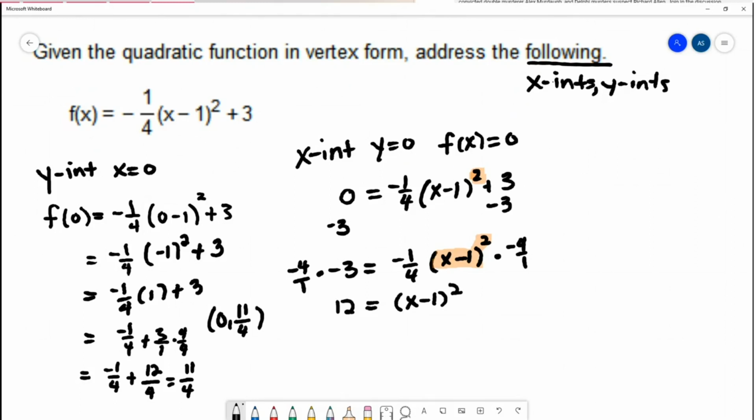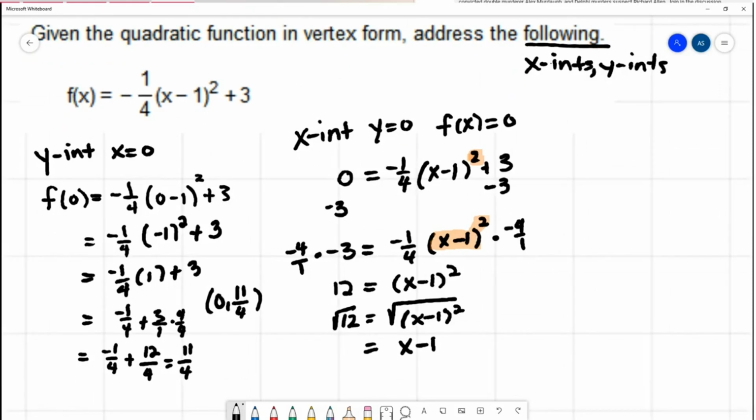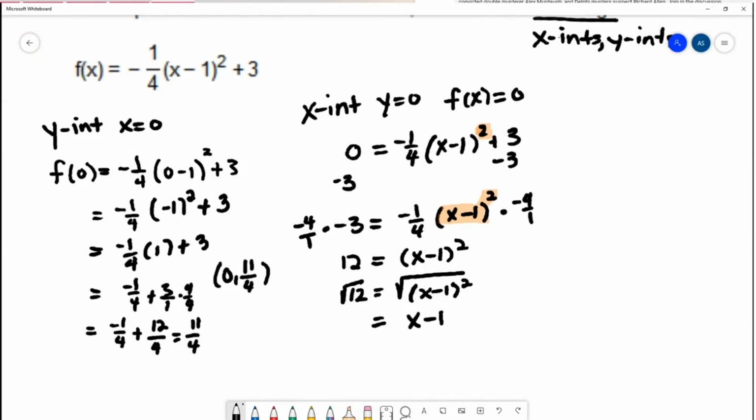Now that I've got the squared isolated, I'll get rid of the square by square rooting both sides. The square and the square root cancel each other out, leaving me with x minus 1. And first of all, I want to make sure that I put a plus or minus symbol in front of the square root of 12. We do that every time we square root a square.